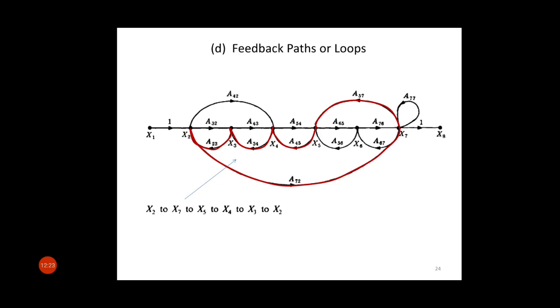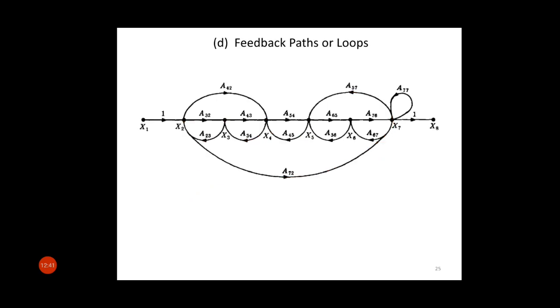This is our ninth loop. It starts from x2 and goes to x7, then x7 to x5, then x5 to x4, and then x4 to x3 and back again to x2. And this is our tenth loop. The tenth loop starts from x2 to x7 to x6 to x5 to x4 to x3 and back to x2.